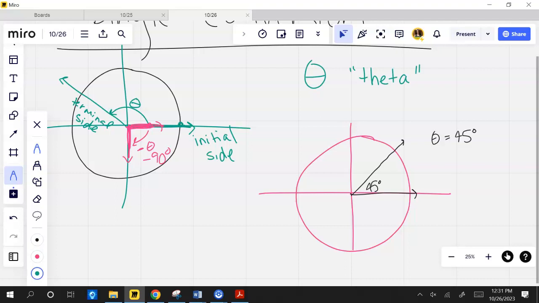We haven't learned radians yet, but yes, but give it to me in degrees, not radians. How'd you get that? If I go from here to here, that's 45, right? I could loop all the way back around another 360 and end up back where I was.